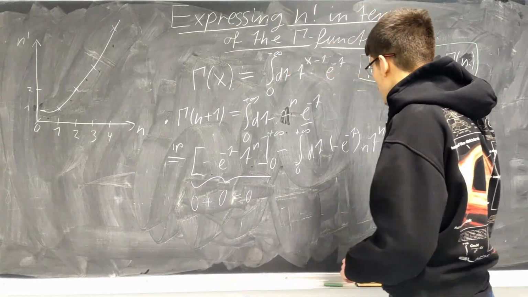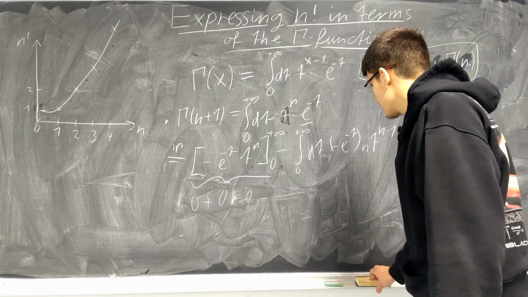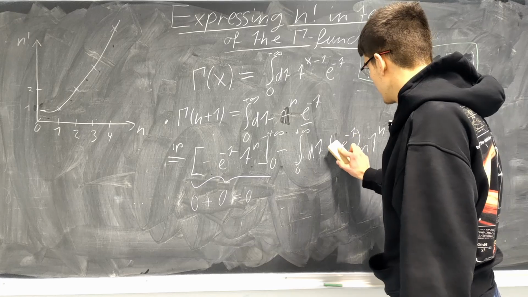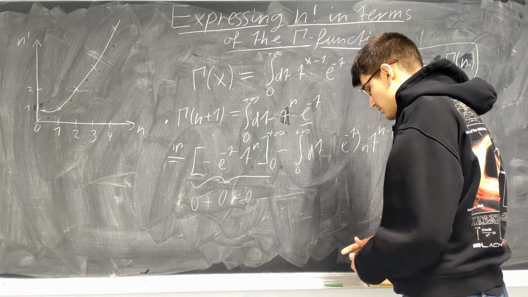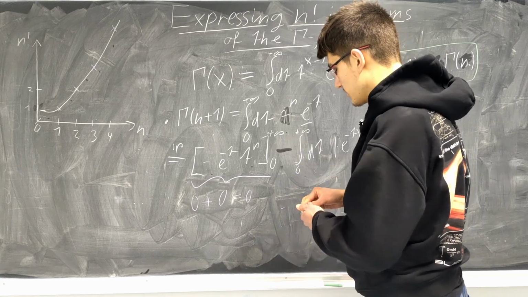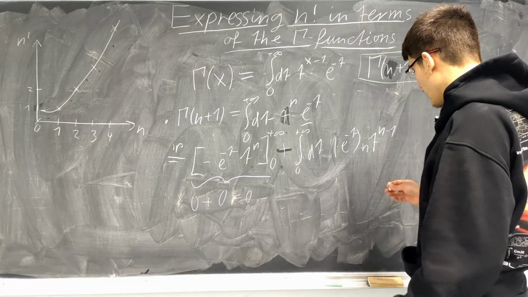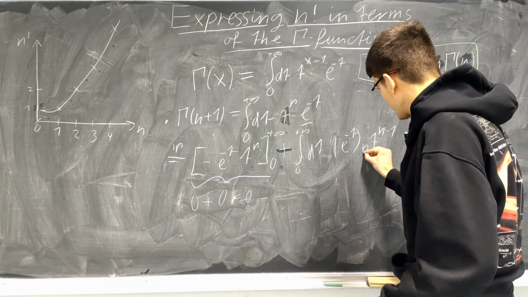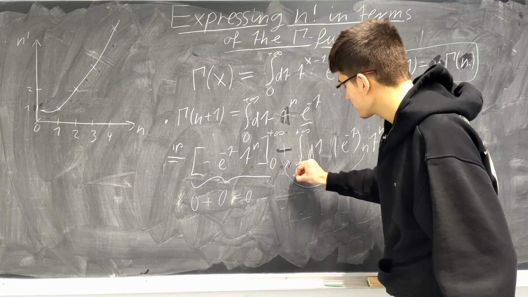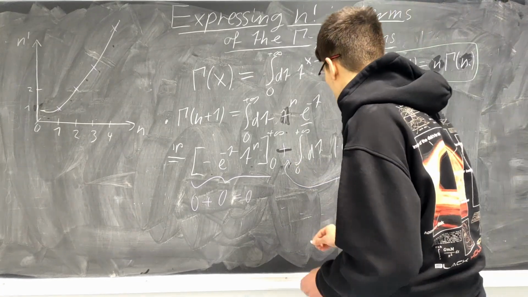If we look at this term, we can cancel the minus and put a plus here. We can also take the n and pull it out of the integral, because there's no dependence on t. So, what do we have in the end?